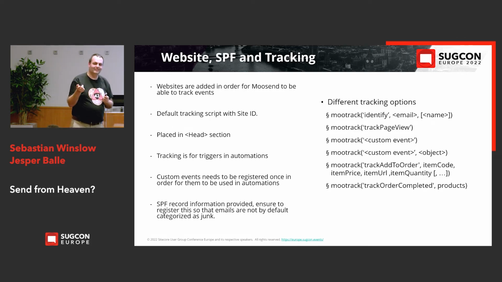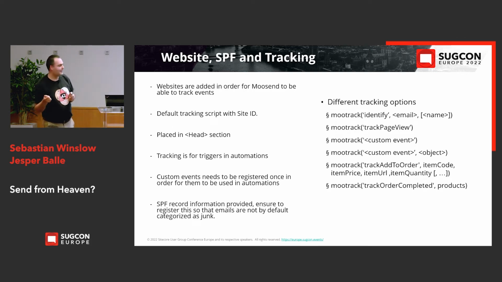So if I have an automation flow saying, start this automation flow whenever a user has read my white paper on how to use Sitecore Send, then I would have an event called user have read Sitecore Send white paper. But before I can use that in the automation flow, I have to have been on the website sending that event back to Moosend.